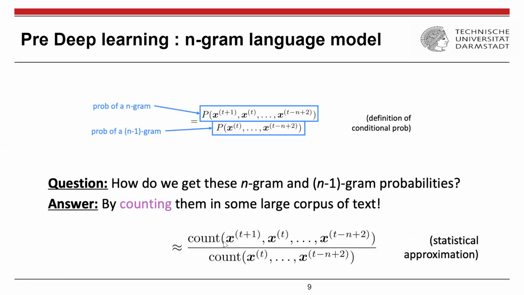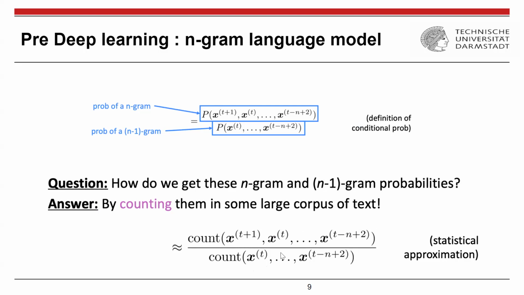You calculate the count of the (t+1)th word, whatever that word is, following this sequence, starting from the previous n-1 words. You calculate in your corpus how many times these n words occur in a series, and then divide that by the count of the n-1 word sequence.